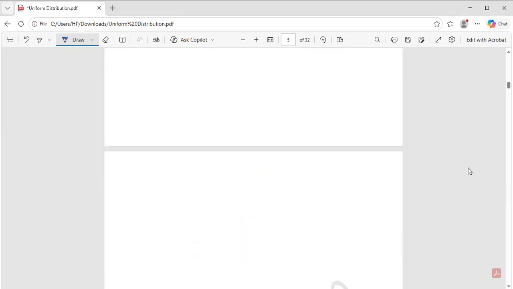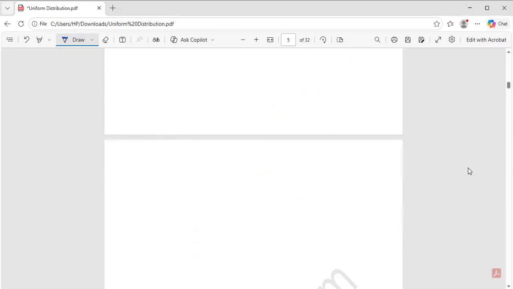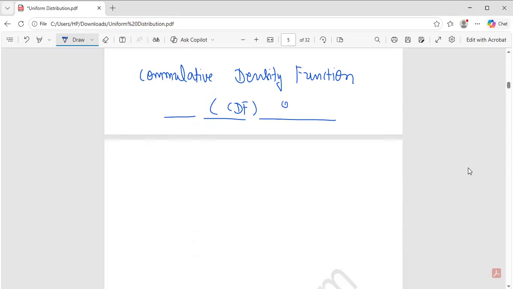So next we are going to find the CDF, cumulative distribution function. This is called CDF. So we are going to calculate the CDF of uniform distribution.